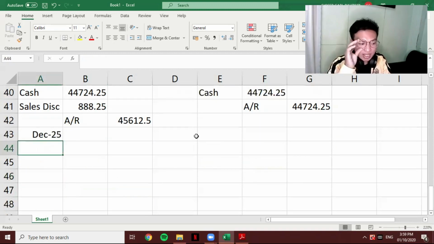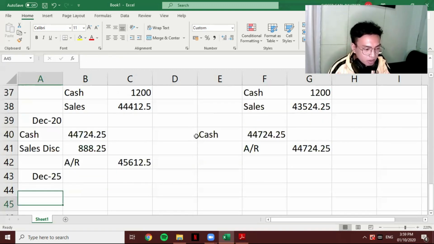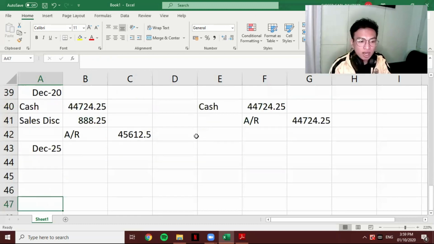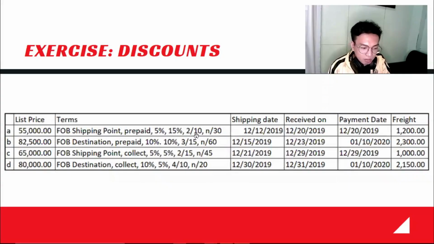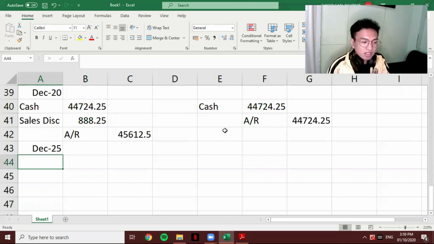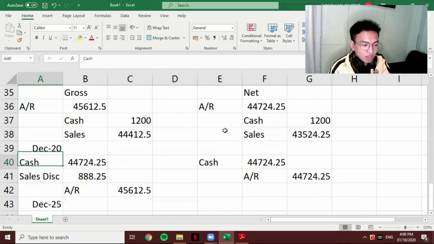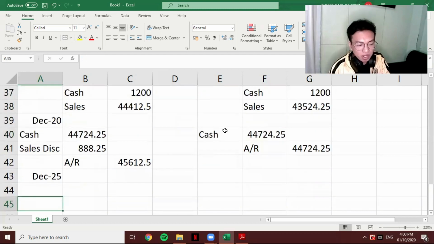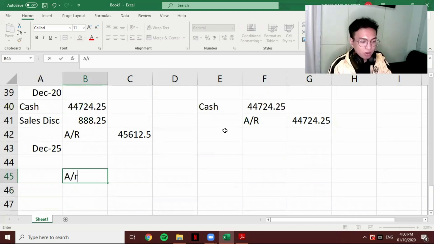Still, we're using periodic system, simple dahil walang cost of goods sold and merchandise inventory. Wala po tayong pwedeng maging assumption. Makahaba yung usapan natin pag naglagay pa ako ng assumption ng cost of goods sold. Let's just assume that this is periodic system. And they paid outside the discount period. Initially, your AR is 45,612.5.